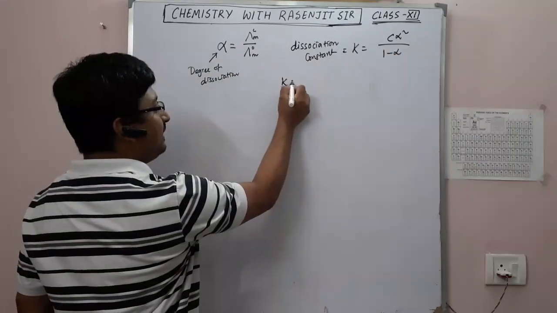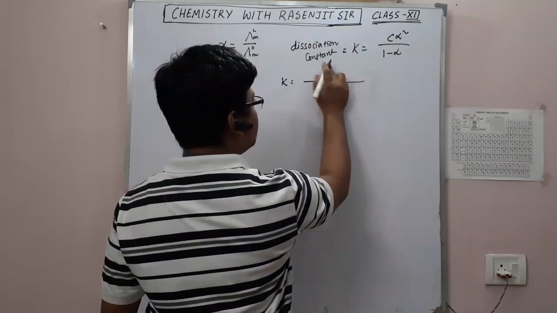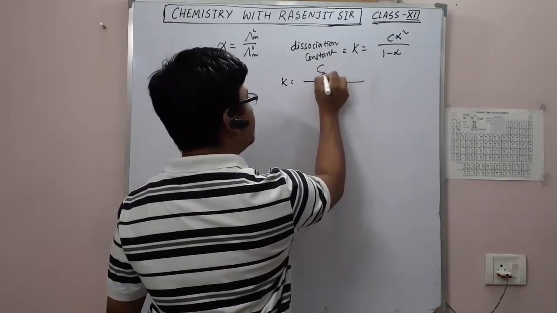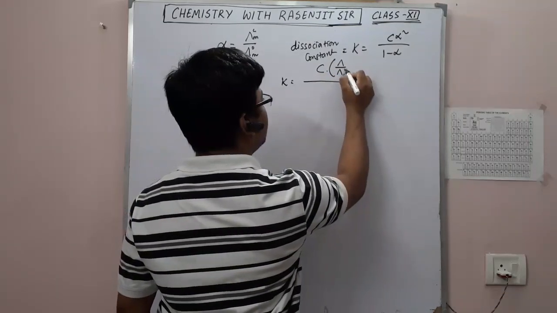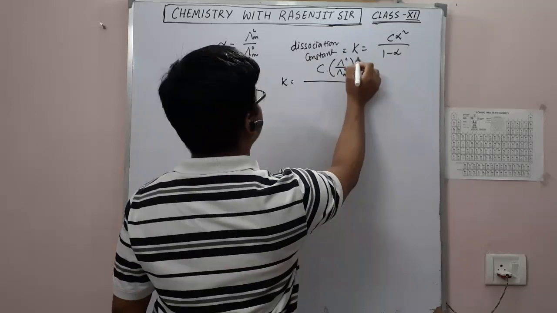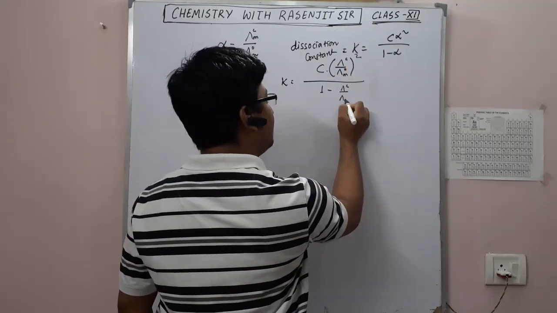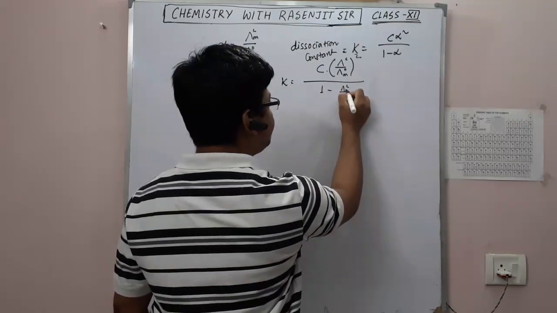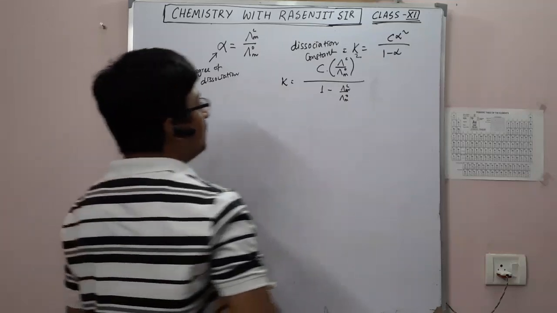Now, what can we write in place of alpha, where C is the concentration? We get K equals C times (lambda C by lambda m0) squared, divided by 1 minus lambda C by lambda m0.